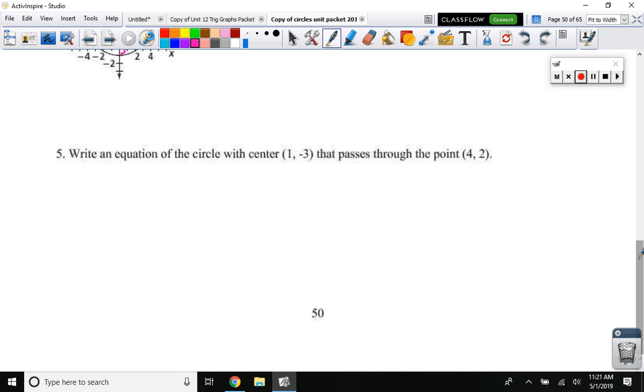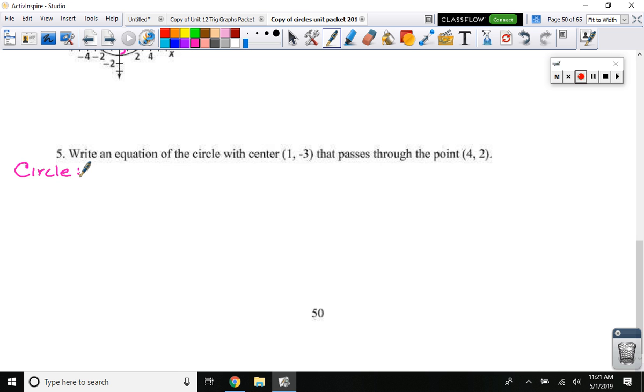All right, how about this one? Write the equation of a circle with a center at 1, -3 that passes through the point 4, 2. Ideas? Allison? So what are you trying to do? So start writing your equation for me first.